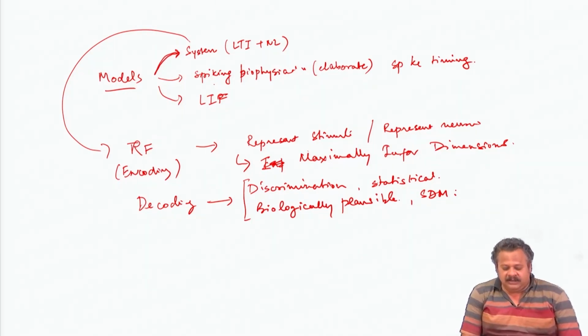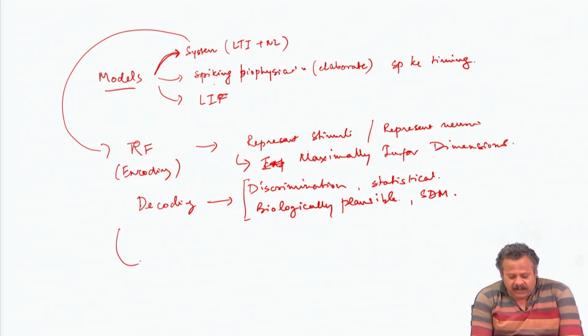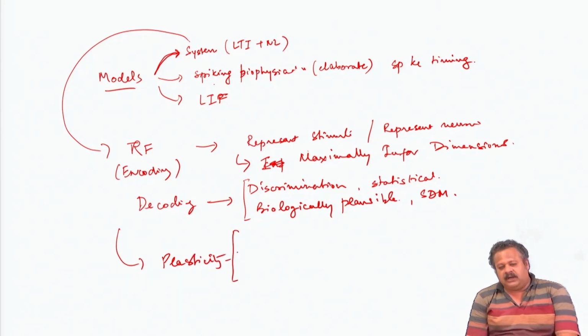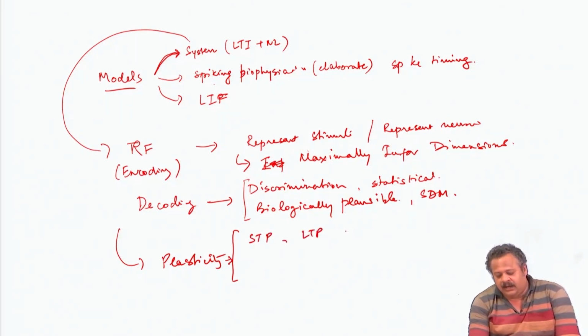So these receptive fields or decoding based on spike trains can be combined with behavior where, let us say, we have online learning, and so plasticity can be included in there, and we have looked at the principles by which plasticity occurs, short term plasticity, long term plasticity, and how they are implemented in neural models and synaptic models.